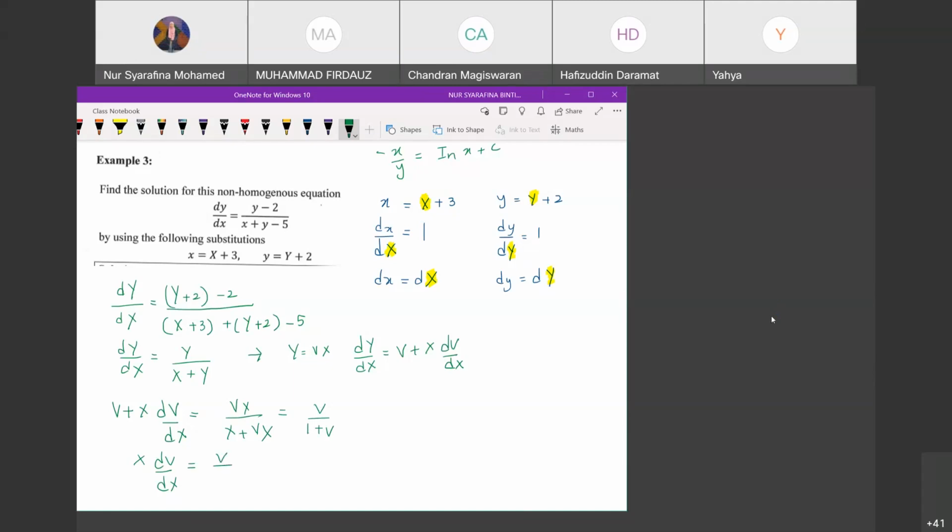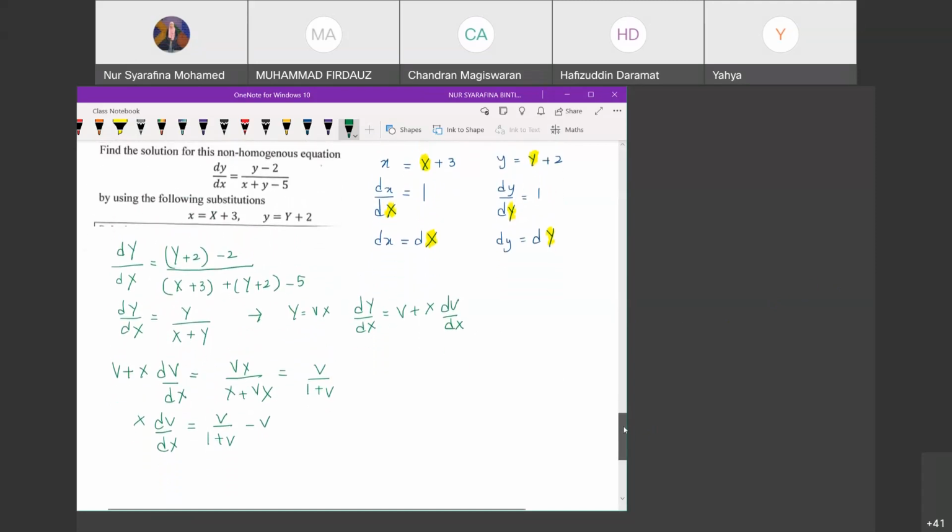So v over 1 plus v minus v will give you, yes, 1 over v, 1 over v.